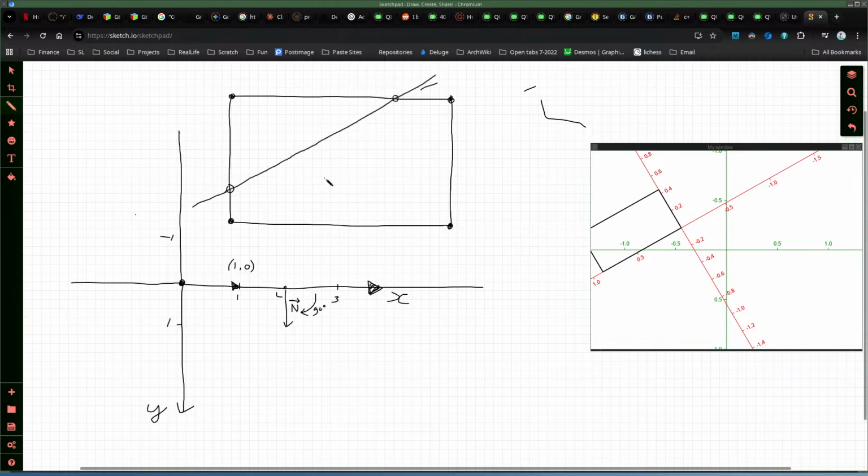And the x-axis, the direction is obviously in that direction. Directional line. Positive direction is in that direction.